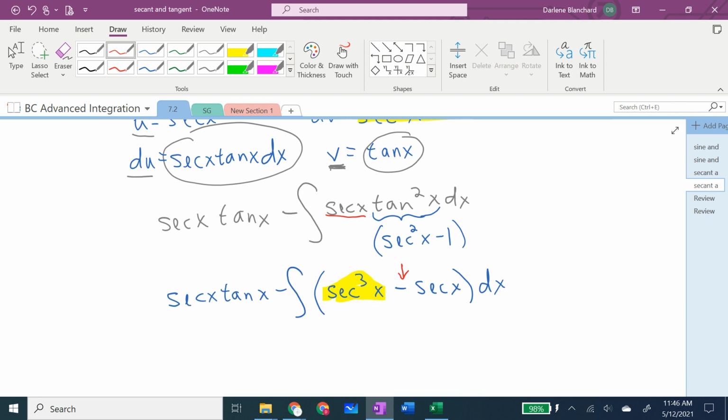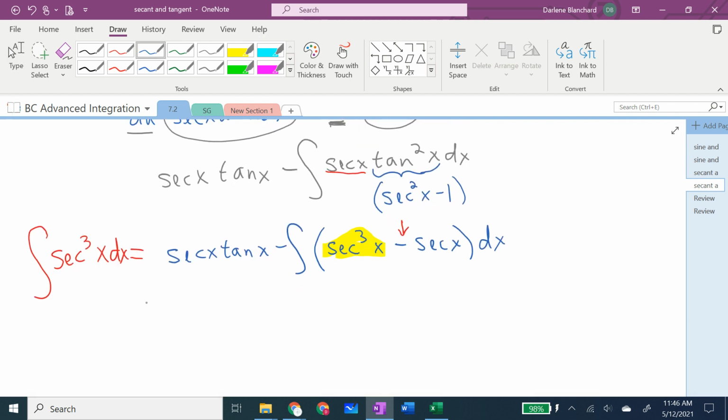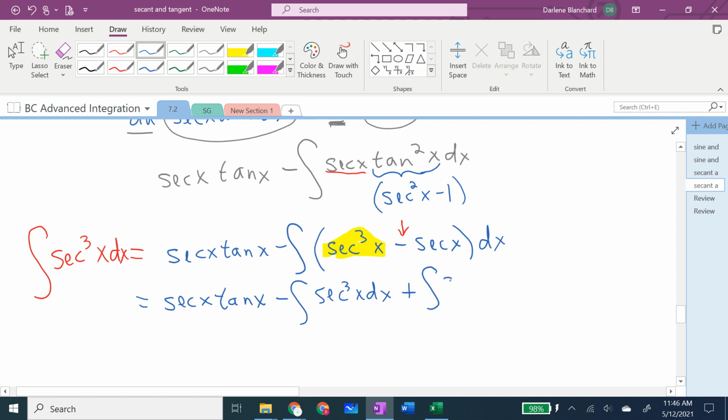So I'm going to put down that all of this is equal to the integral of secant cubed dx. I have secant x times tangent x. And then I'm going to split this into two integrals. That means I have minus secant cubed x dx, and then minus negative, so plus, the integral of secant x.